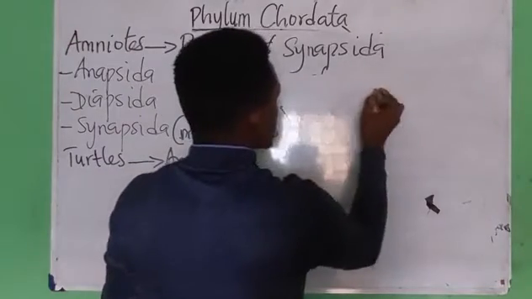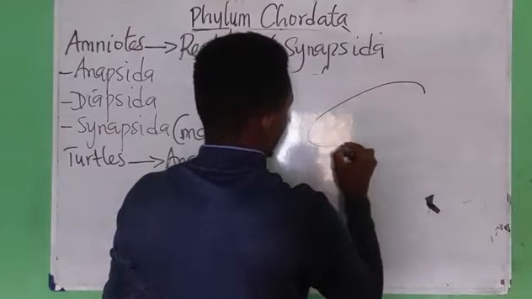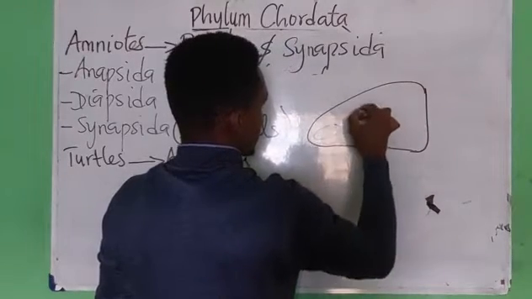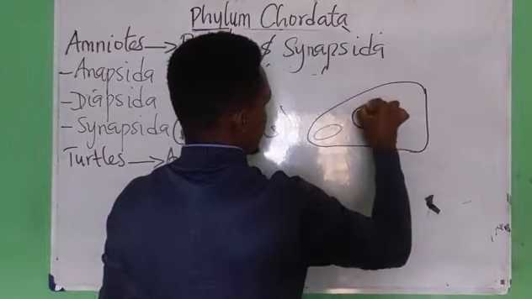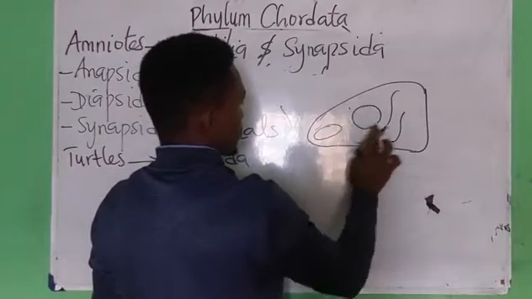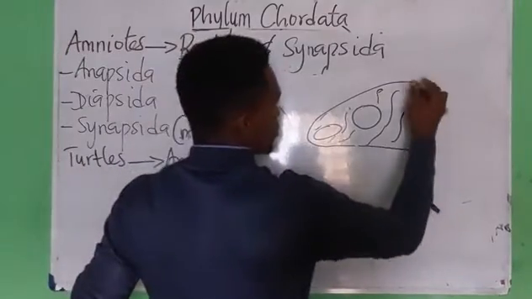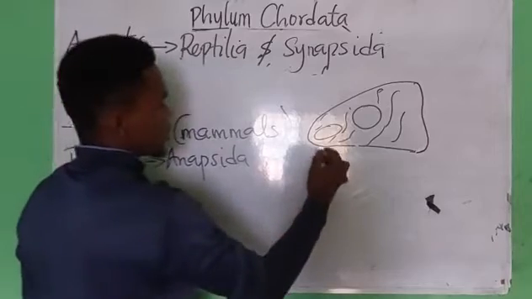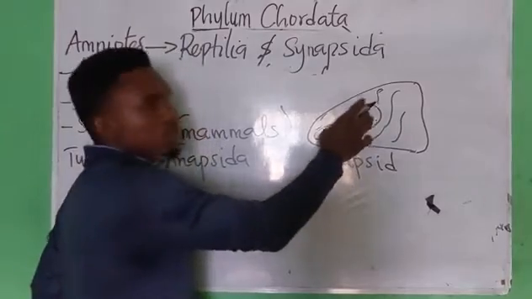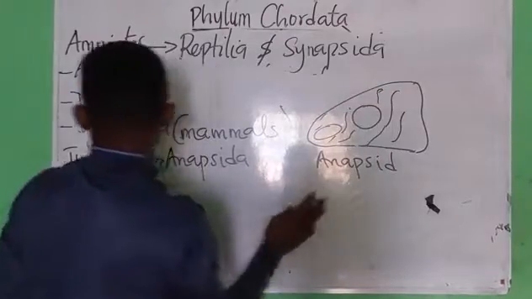All right, so if I have something like this, what I've drawn now is called an anapsid. These are the normal openings found in the skull, and is possessed by turtles.